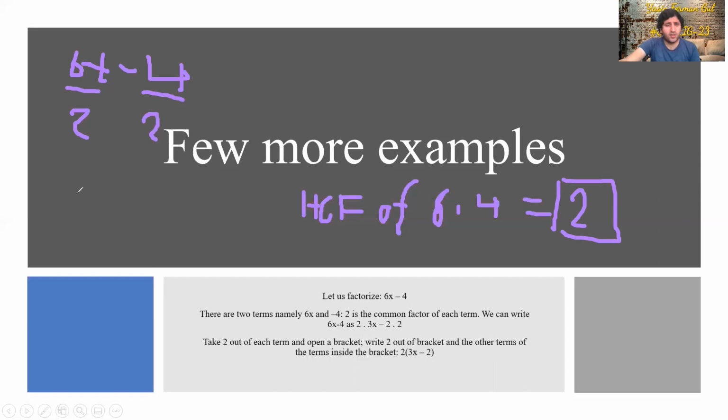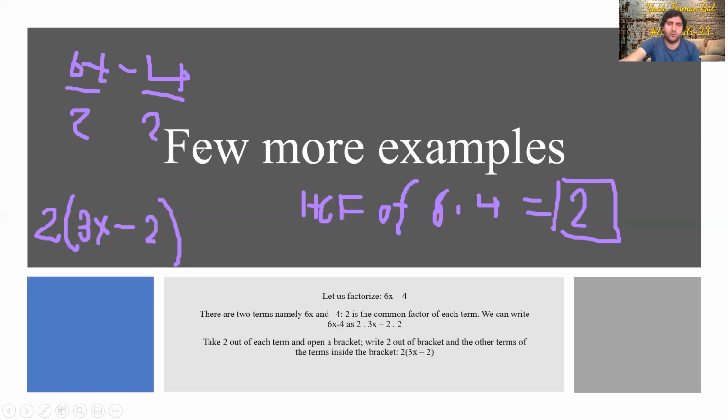If I do that, I'm going to write it like this. 2 is my highest common factor for 6 and 4, so I'm going to find the other factors by dividing 6x by 2. That will be 3x. And then minus 4 divided by 2 will be 2.